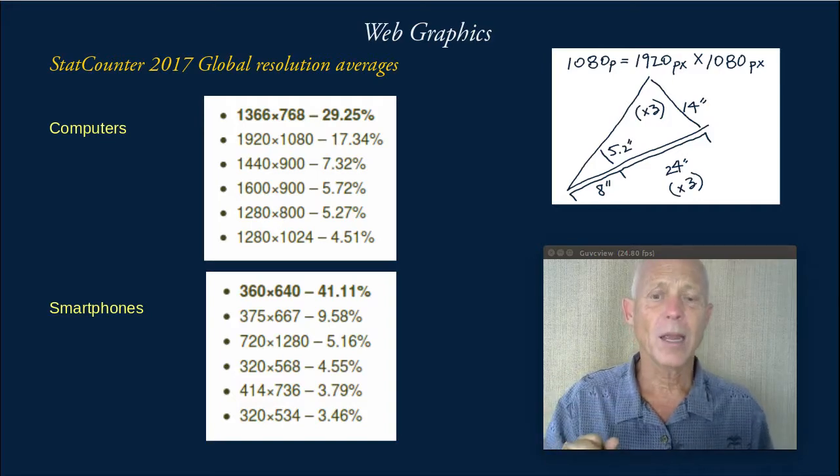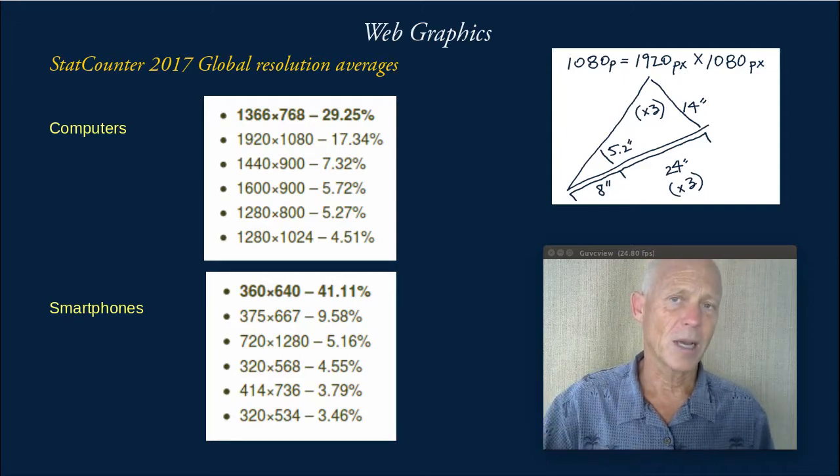But what we have on this slide is from 2017, the most current year of statistics from StatCounter for computers in general, which would be desktop monitors and portables, and smartphones.